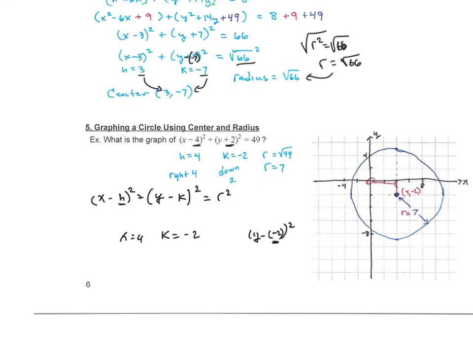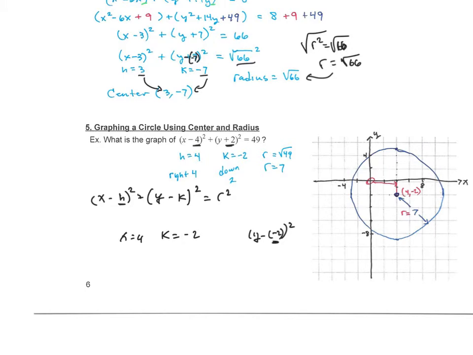As we do our transformations here, you can see over here on our graph that starting at the origin, it looks like we're going every 2, every 2, every 2. So as I look for my center of 4, negative 2, that would be 2, 4, and then negative 2. So that'd be 4, negative 2.